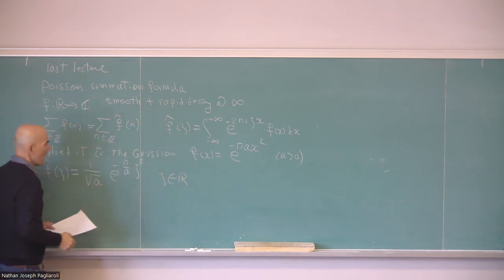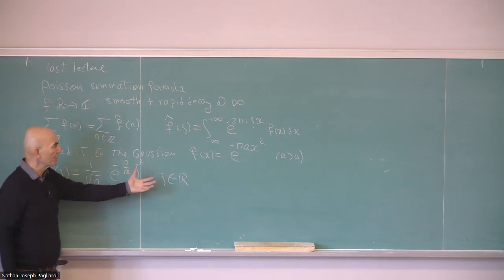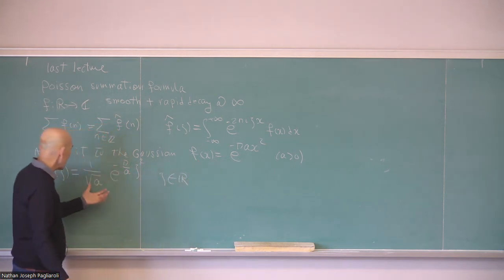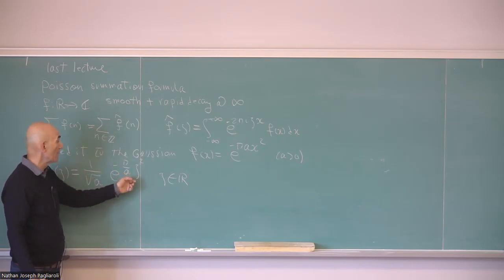This is a very important formula. The Fourier transform of a Gaussian is again a Gaussian, but there is a normalization in front, 1 over root a, and the parameter also changed from a to 1 over a. These both are very, very important.